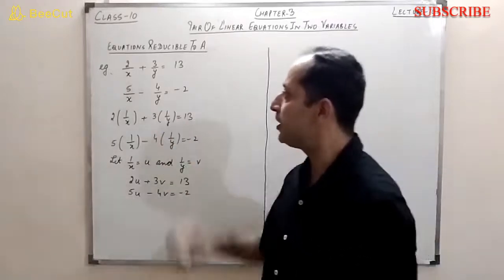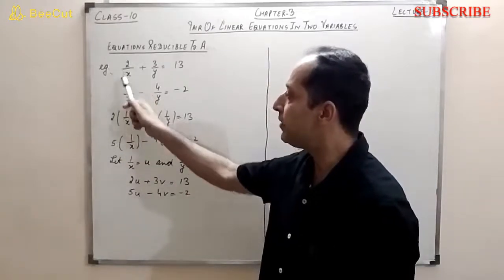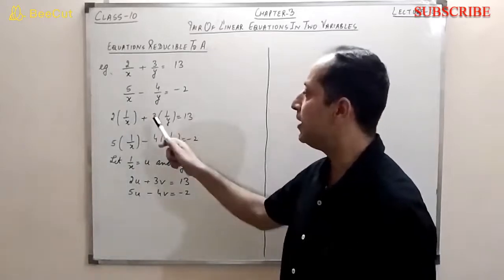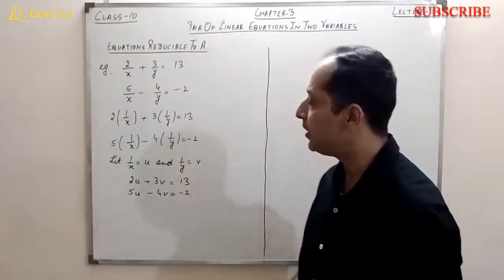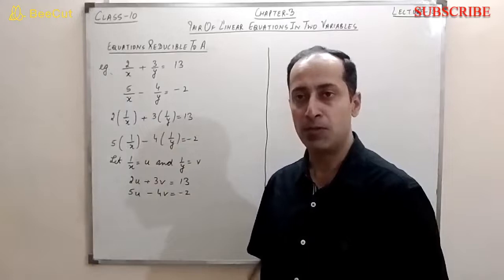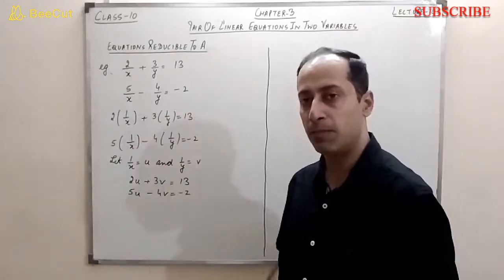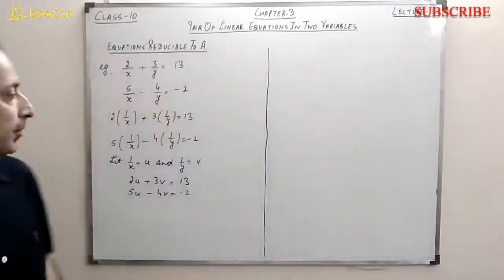Now, the first equation can be written in the form, if I take 2 outside, I can write 2 by x as 2 into 1 by x, and 3 by y as 3 into 1 by y. Right? Similarly, in the second equation, I can write 5 upon x equals to 5 into 1 by x, and 4 upon y can be written as 4 into 1 by y. Right? Now, if you see both the equations, what is common?